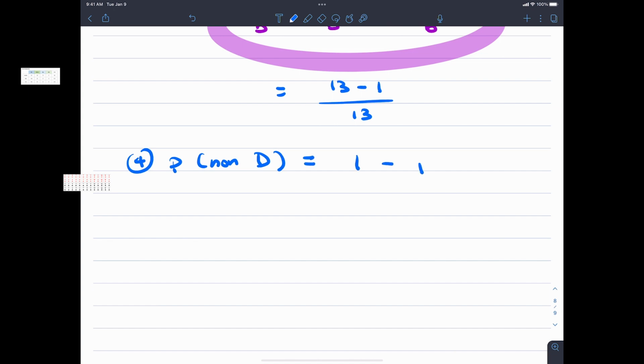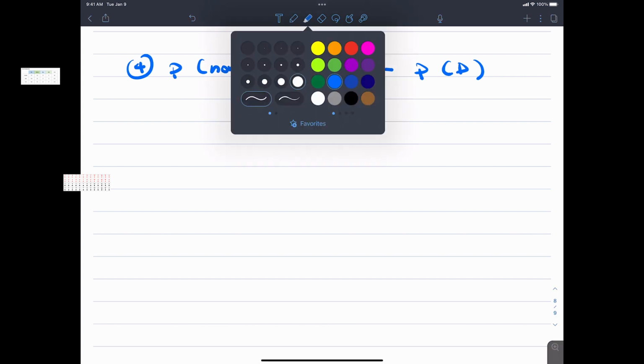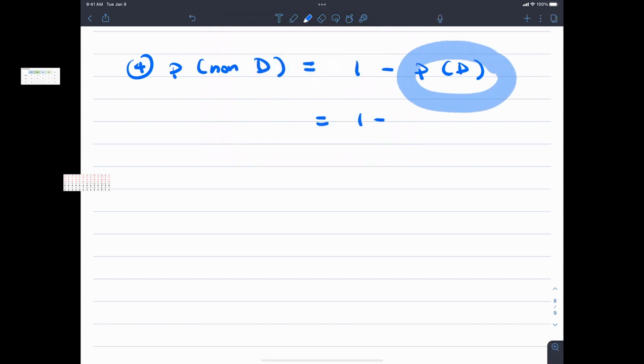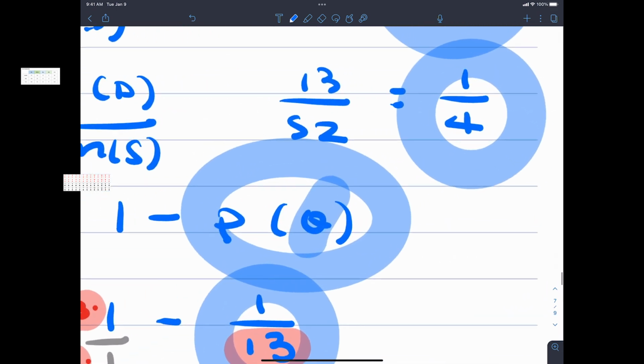What's this? 1 minus the probability of selecting a diamond. Okay? Do you guys happen to know what that probability is? We already did it. What's the chance of selecting a diamond? What's the reduced fraction? 1/4 right here.